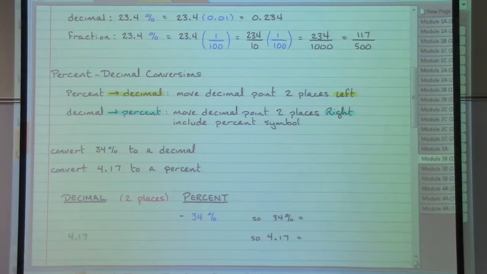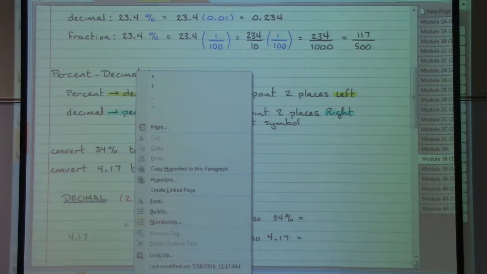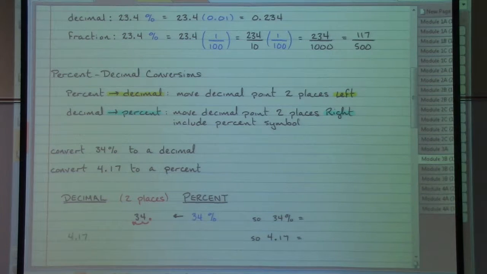So we're going to be taking that 34, we're going to put a decimal point at the end and then immediately move it 2 places to the left so that we would end up creating a decimal answer.